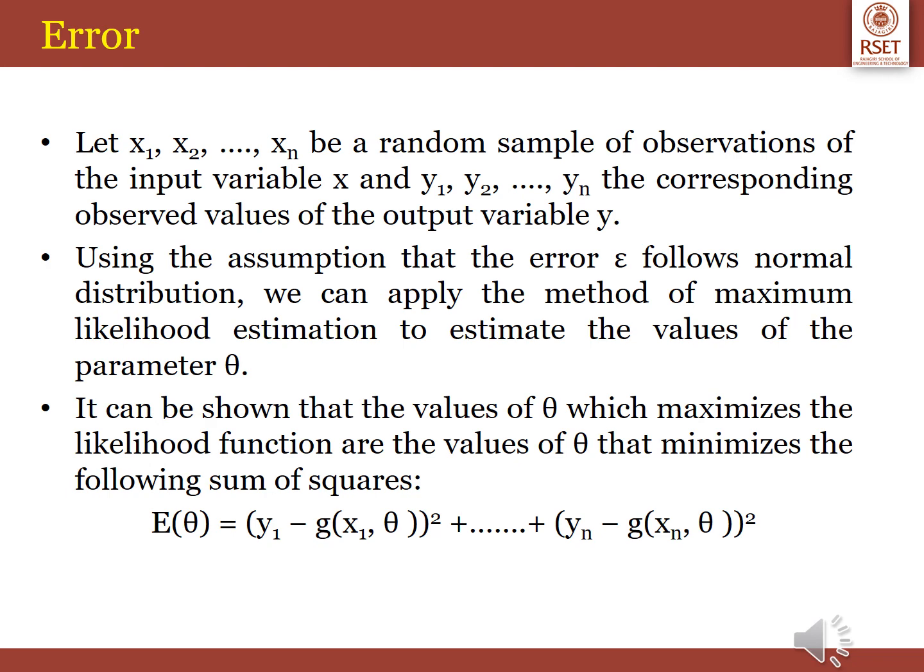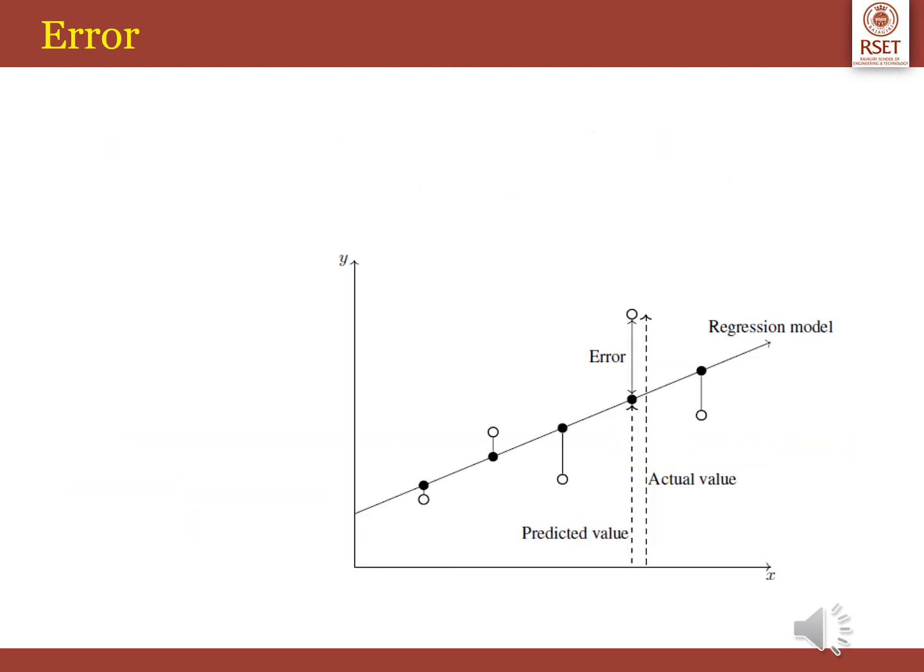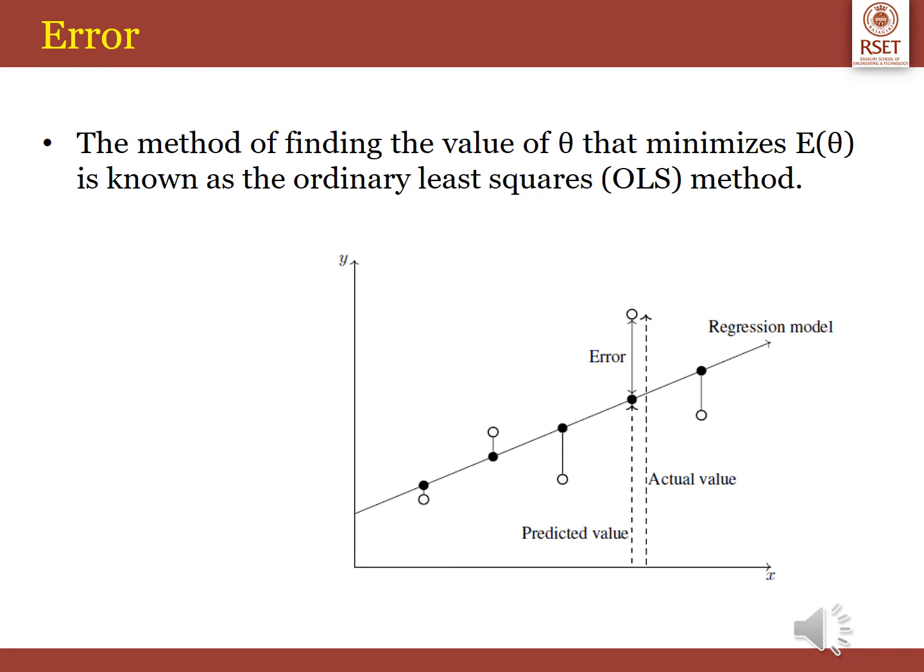It can be shown that the values of theta which maximize the likelihood function are the values of theta that minimize the sum of squares, that is (y1 − g(x1, theta))² + (y2 − g(x2, theta))², etc., up to (yn − g(xn, theta))². The method of finding the value of theta that minimizes E(theta) is known as the ordinary least squares method.